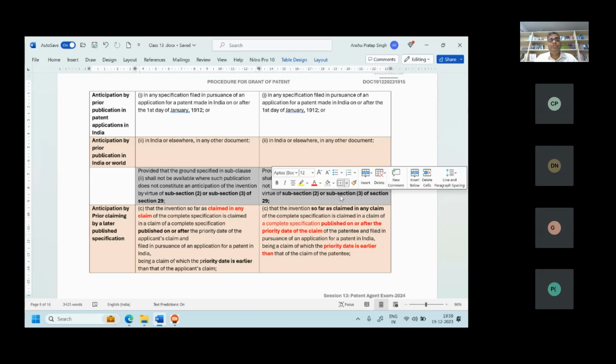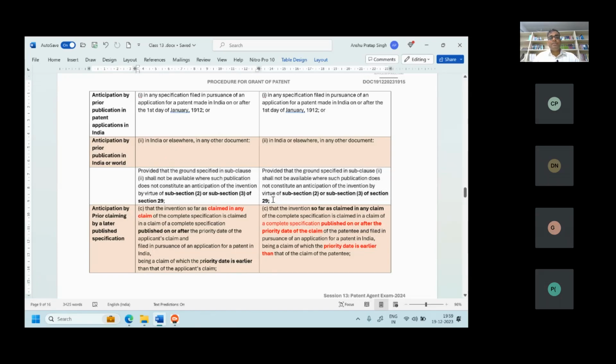And if there was any use, that use was with my consent for reasonable trial. If it is not so, then again I am taking a defense that it was without my knowledge and I have not given the consent. So this is the anticipation issue which will be addressed here by prior publication.